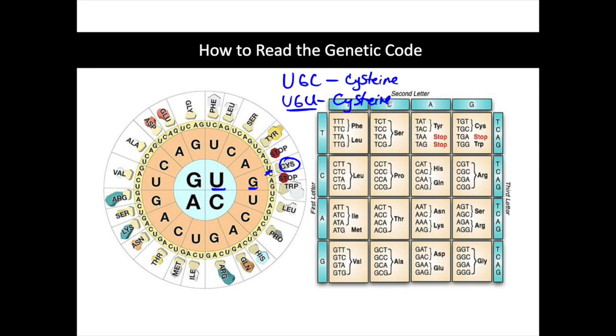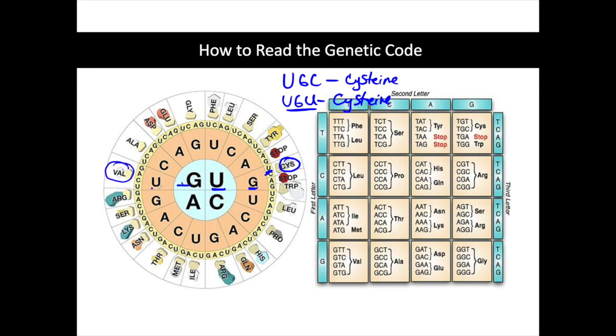Remember, this is why the genetic code is called degenerate, because more than one codon can encode for the same amino acid. And with these missense and nonsense mutations and such, the hope is something like, for example, valine.